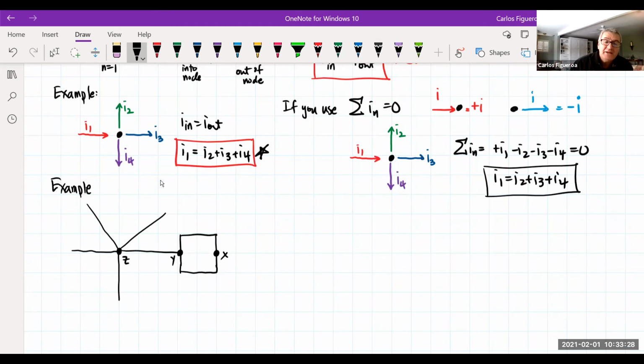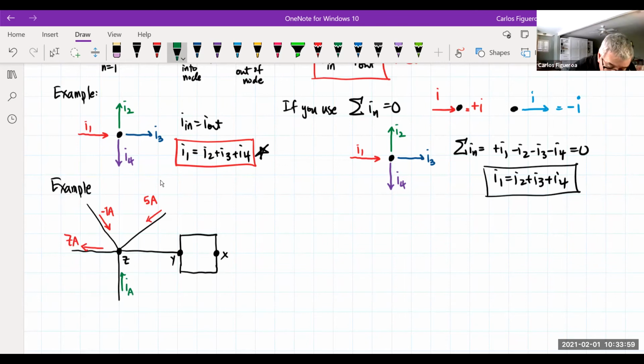Now what you're seeing here is that there are currents coming in. This is a current of 5 amps. This is a current of negative 1 amp. This is a current of 7 amps. And all you know here is that there's a current here, which I'm going to call IA.